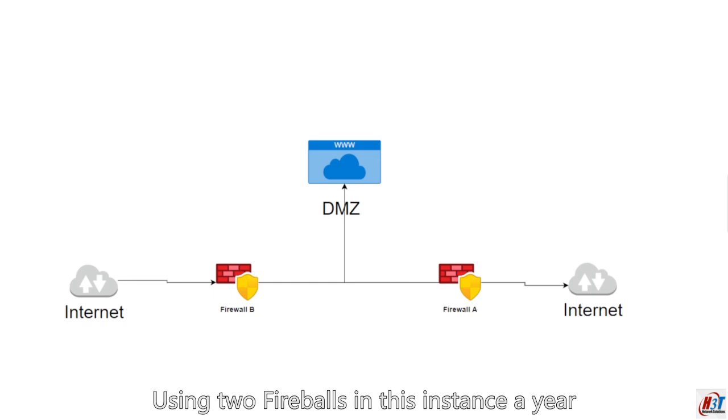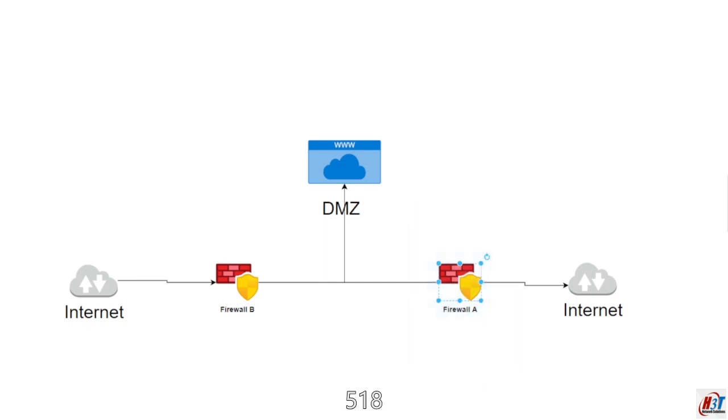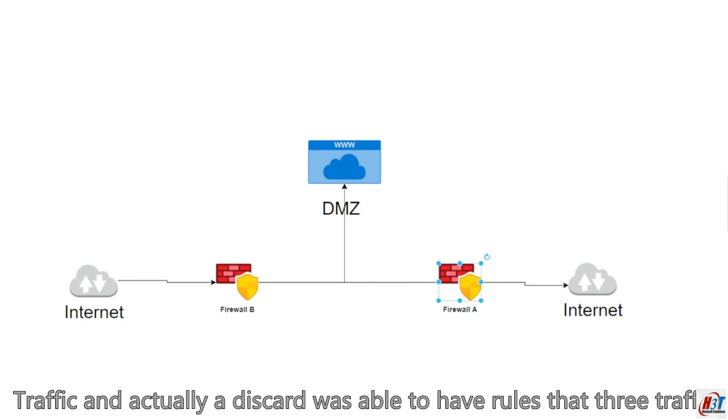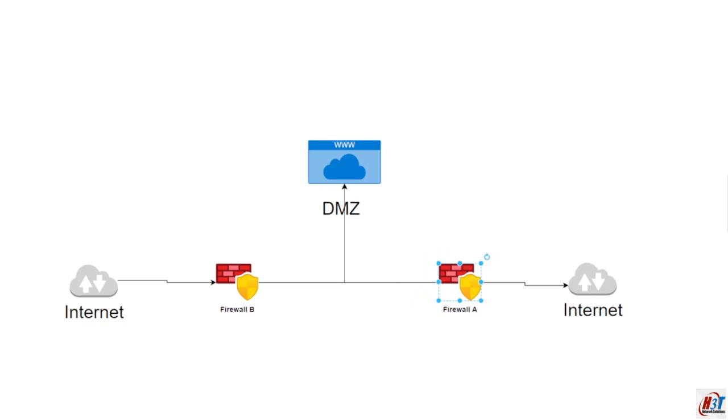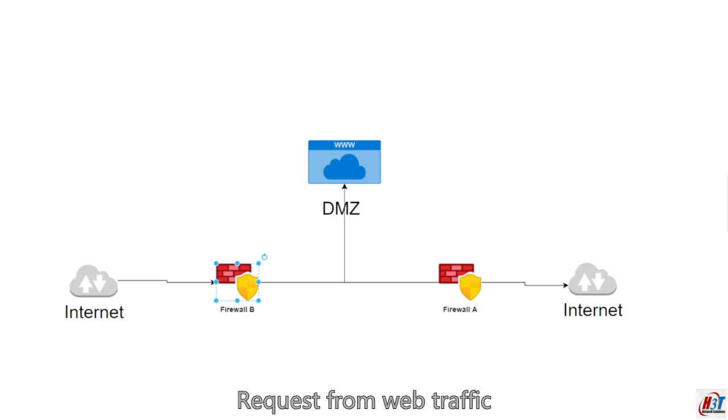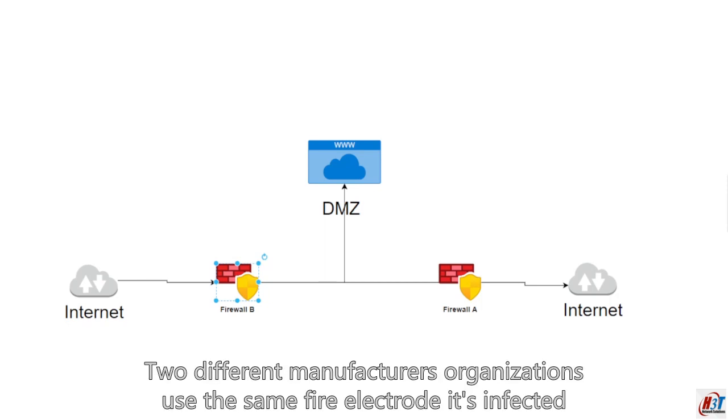In this instance, firewall A would have rules that would allow traffic requesting web traffic, and firewall B here would have rules that block inbound requests from web traffic. Some organizations will purchase firewalls from two different manufacturers.